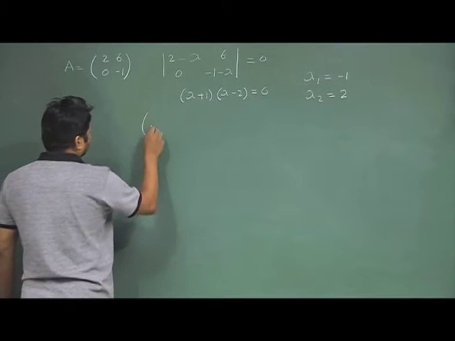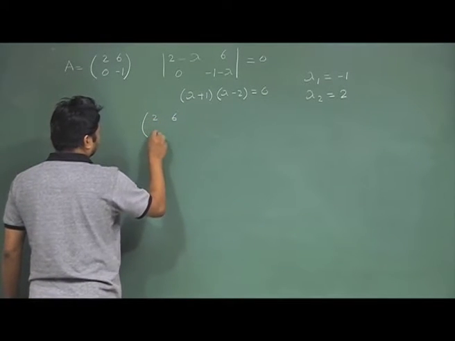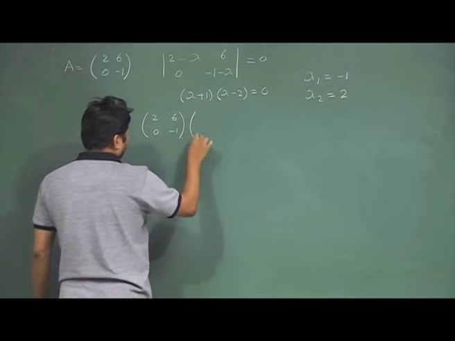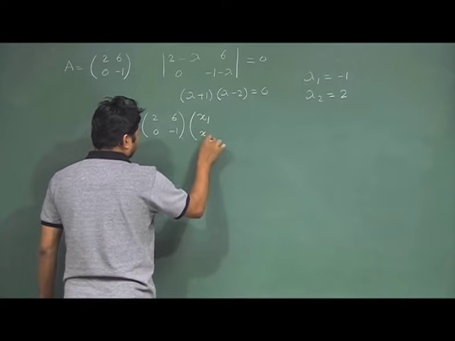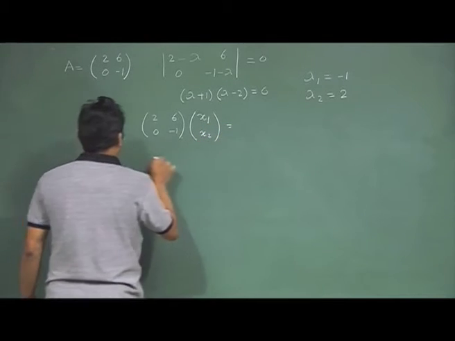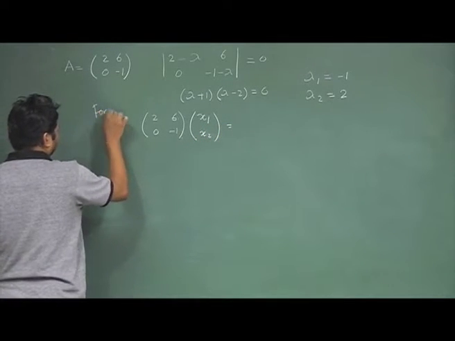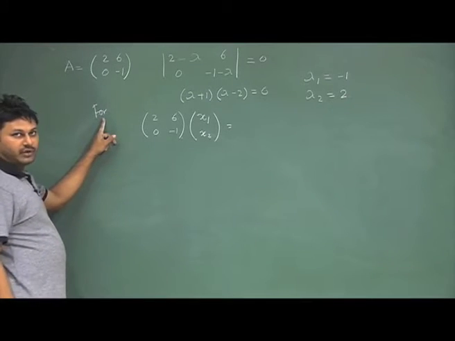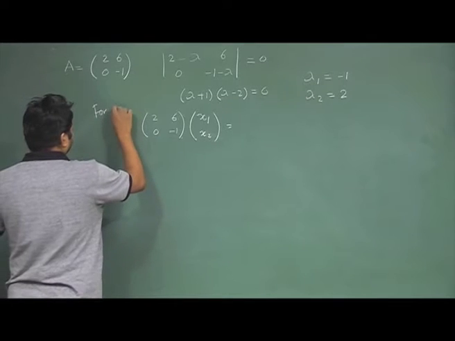So 2, 6, 0, minus 1 times x1, x2. Say I want to find it for minus 1.